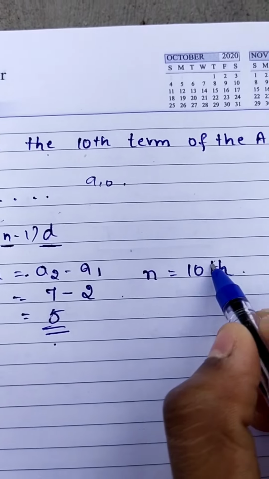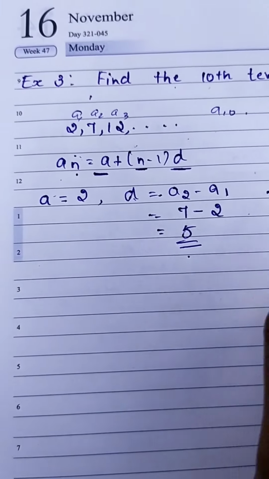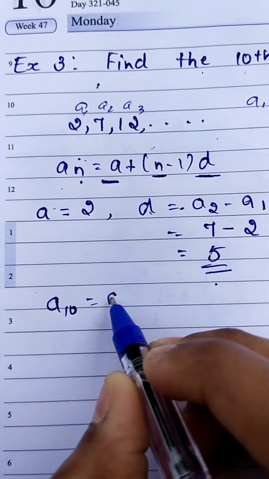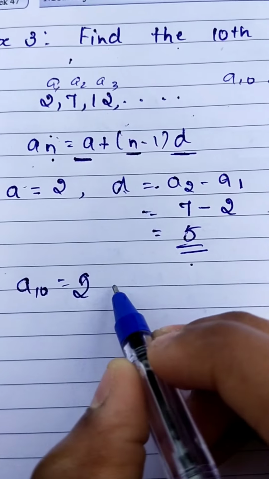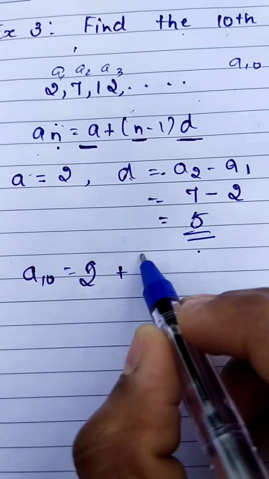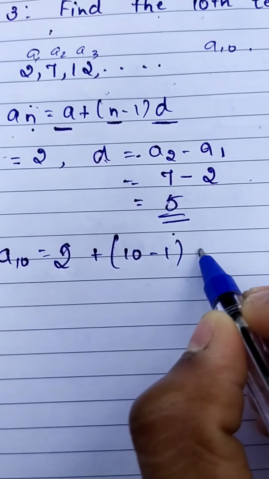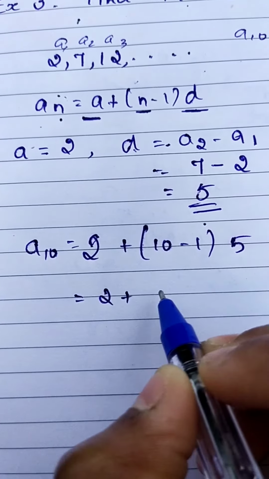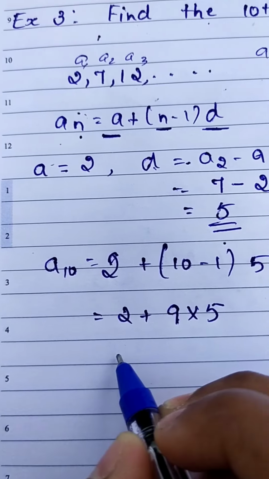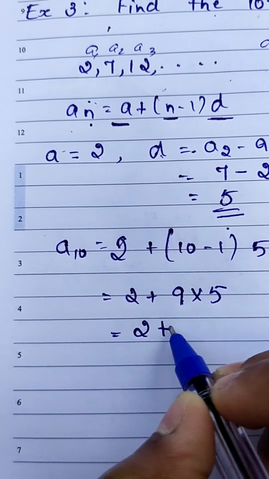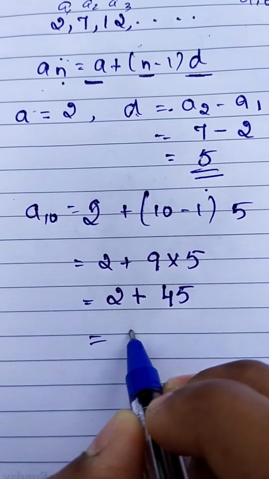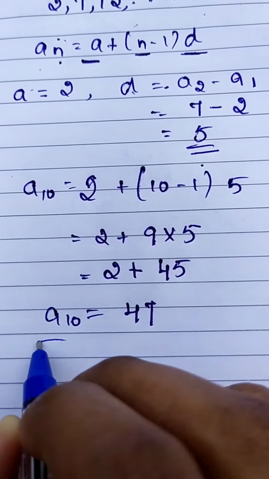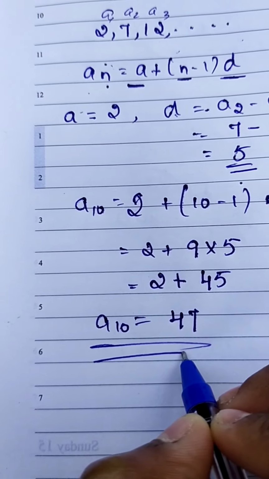So a10 = 2 + (10 - 1) × 5 = 2 + 9 × 5 = 2 + 45 = 47. So the 10th term is 47.